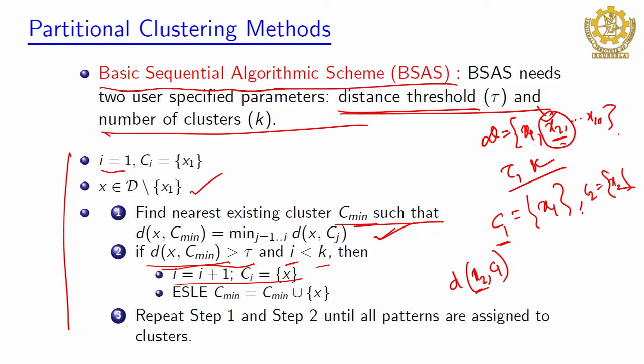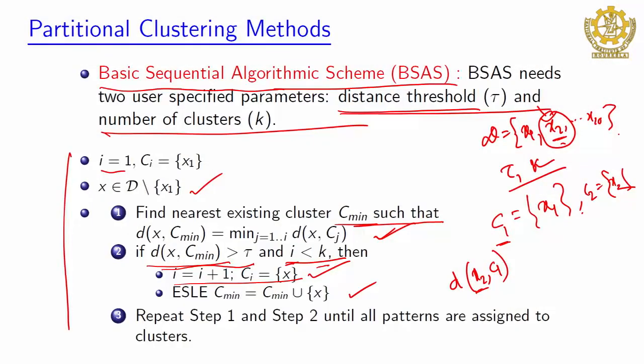What we are basically doing is this: when a new object comes, we compute the distance from the new object to all existing clusters, and we find the closest cluster. Okay? And if the closest distance is less than tau, then you are done, so you assign the point to the cluster.